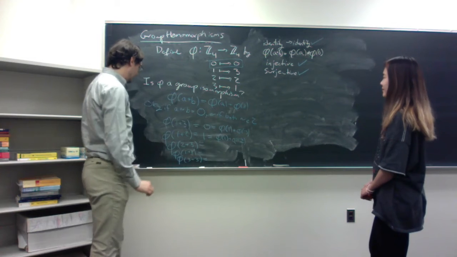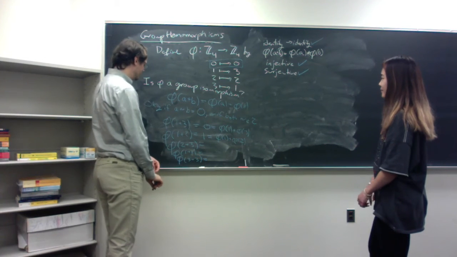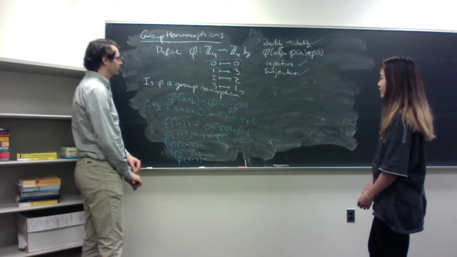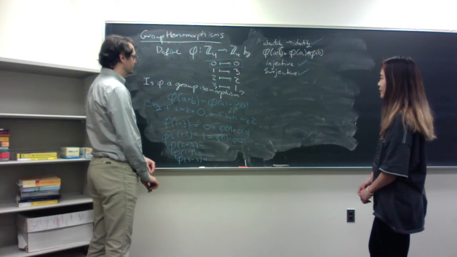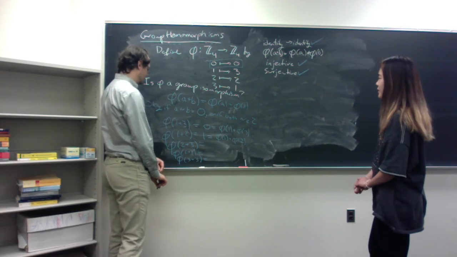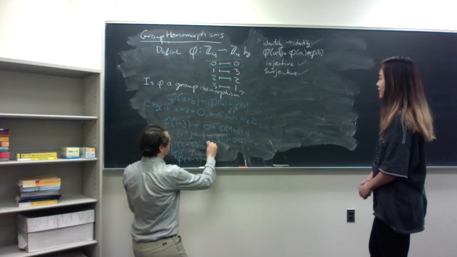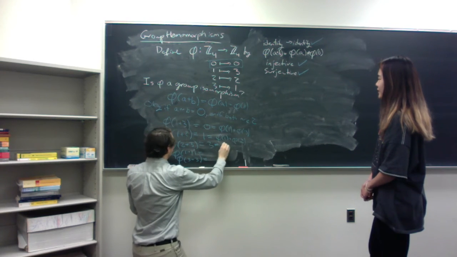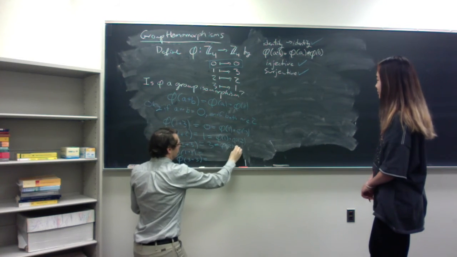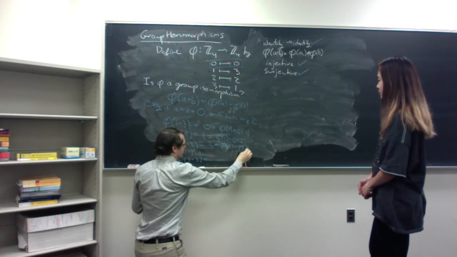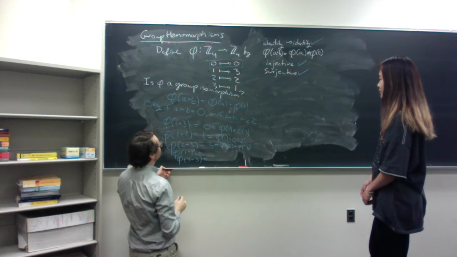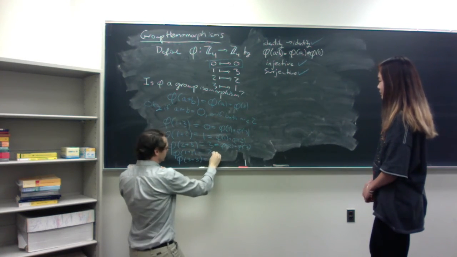Okay. Here we have phi of 2 plus phi of 3. So that should be 3. Looks like 3. Either way you do it, yeah. Phi of 1 plus 1, that's phi of 2, this is 2.